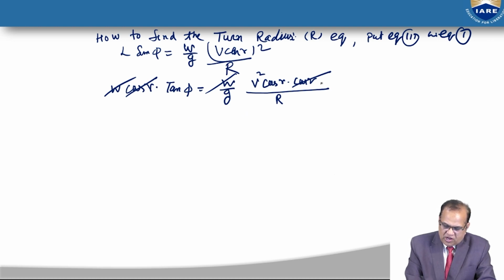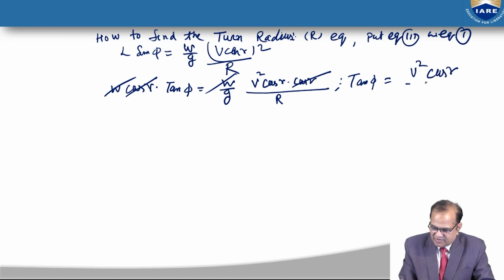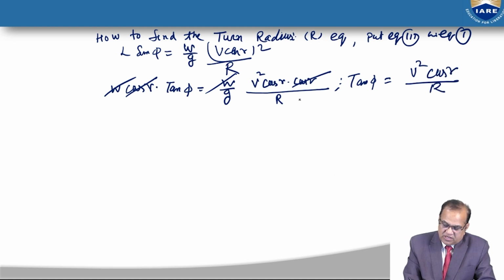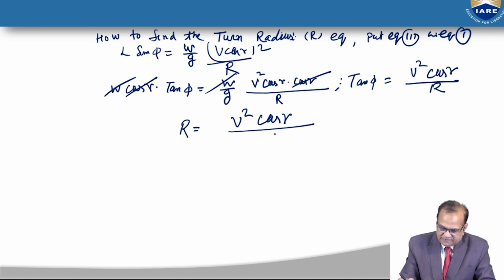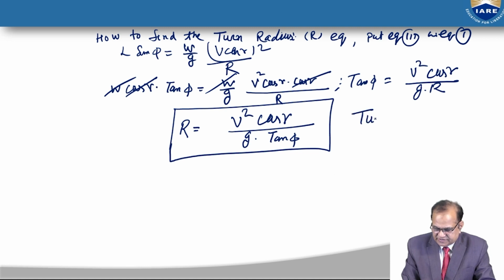So we have now tan phi is equal to V square cos gamma by R. If we solve this for R, we will get R is equal to V square cos of gamma divided by G dot tan phi. So this is the equation for turn radius.